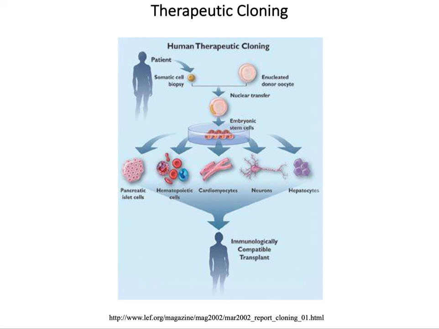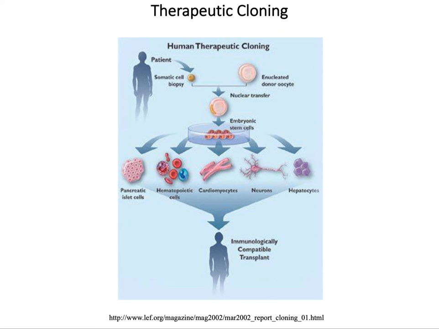isolate the inner cell mass, and culture these embryonic stem cells. Then you can differentiate them into whatever you need for whatever ailment you have: blood cells, nerve cells, heart cells, liver cells. So say if you have some kind of degenerative disease in the muscles or the nerves, you might manipulate the genes in these cells to overcome certain maladies, and then you would transplant these back into the patient.